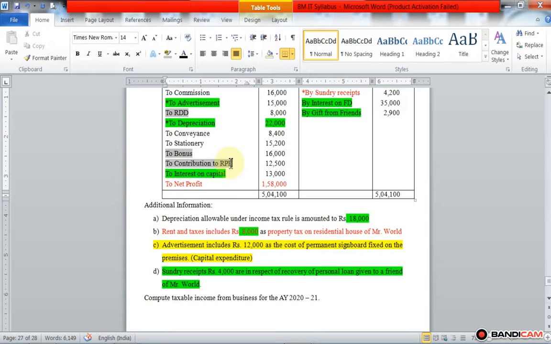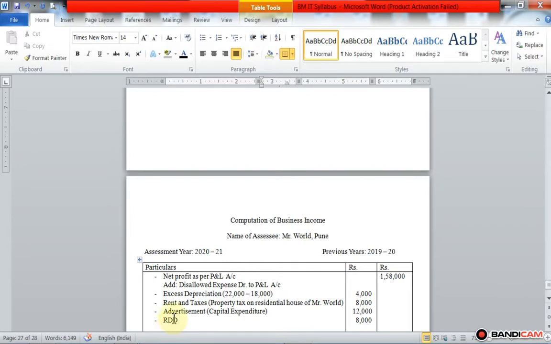So these are the allowable expenditure of the business. Then interest on capital is rupees 13,000, so 13,000 is disallowed. Amounted to rupees 30,000.